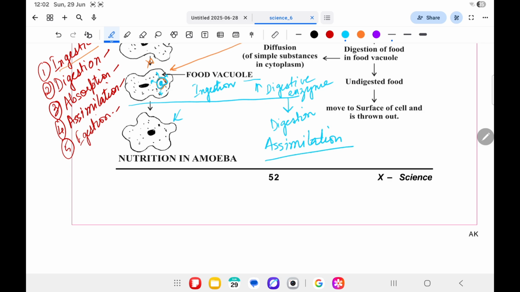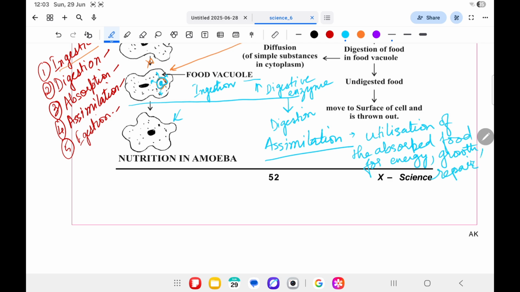The process of assimilation is nothing but the utilization of the absorbed materials for different purposes like energy, growth or repair. After this, whatever is left is thrown out of the body by the amoeba. This is the process of egestion.